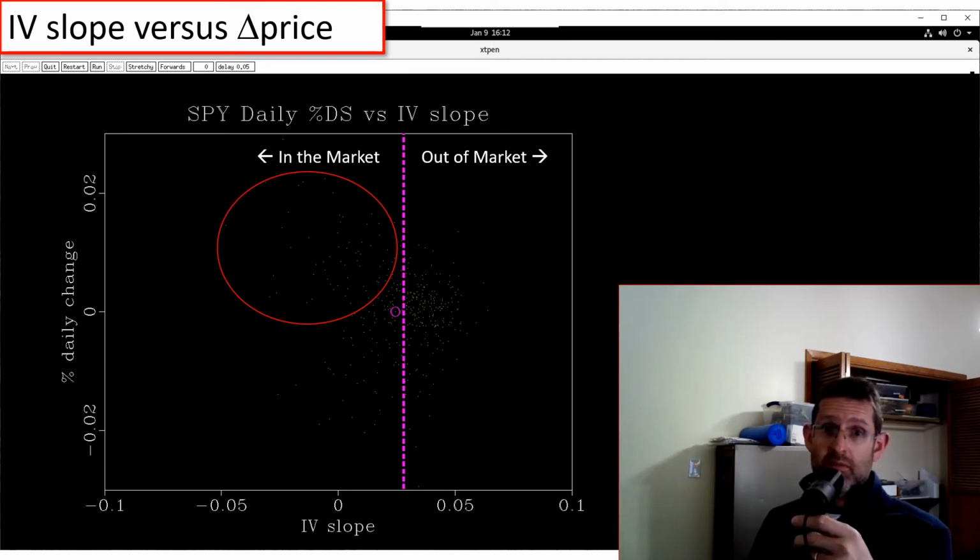Certainly there are some big down moves as well, but the big up moves definitely outweigh them. So if you aren't in the market on these rare days, the day after the IV futures curve flipped to backwardation, then you're going to give up most of your year's gains, interestingly.